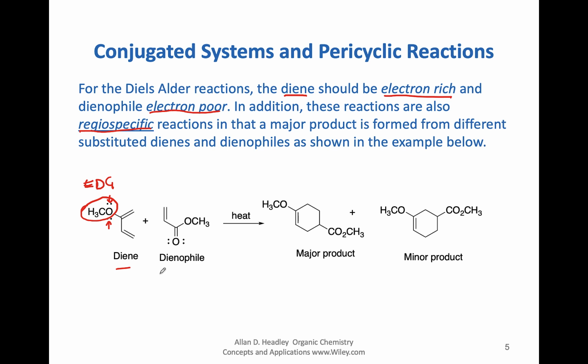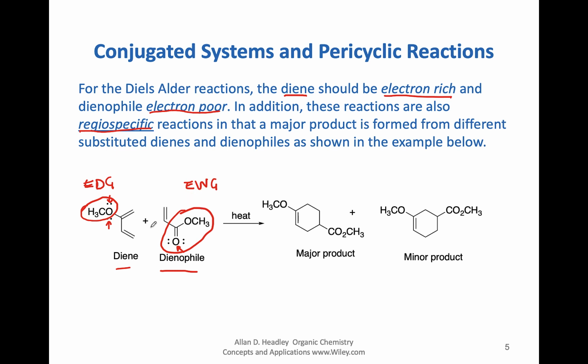Let's look at the dienophile. The dienophile here, as shown, has this group bonded to it. This group here is an electron withdrawing group because here is a double bond to the electronegative oxygen, so these electrons can be pulled into the oxygen. So we say that this substituent here is an electron withdrawing group.